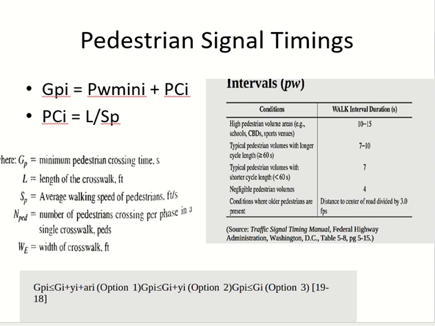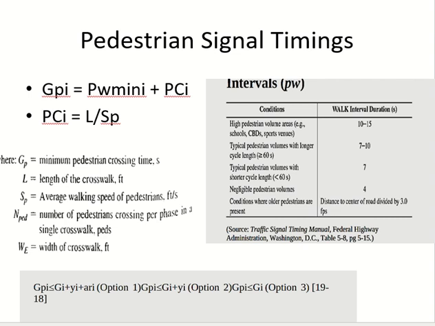And the length of the crosswalk means what? It is the width of the road, so for every road it will be different. So the first step is to find out the time required by the pedestrians: two parts, the first from the standard, the second calculated using distance upon speed.